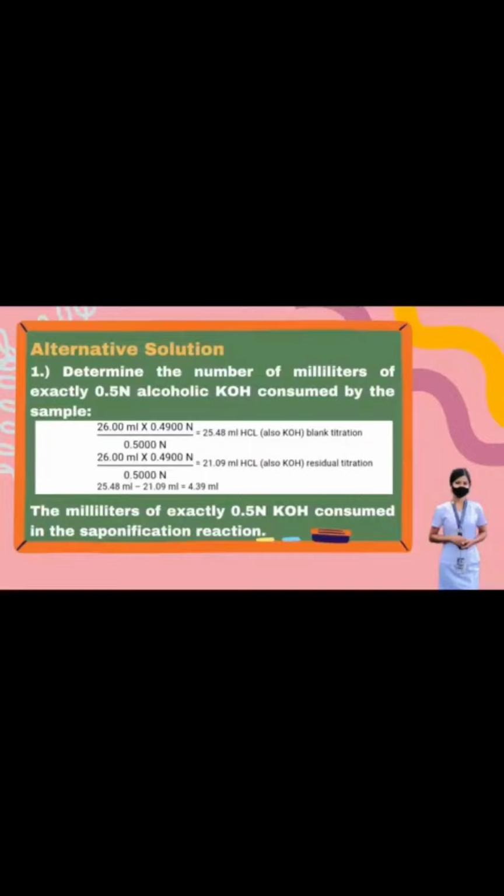The answer is 21.09 ml hydrochloric acid, also potassium hydroxide. Then subtract the values you got under blank titration and residual titration, and we have come up with an answer of 4.39 ml, the milliliters of exactly 0.5 normal potassium hydroxide consumed in the saponification reaction.